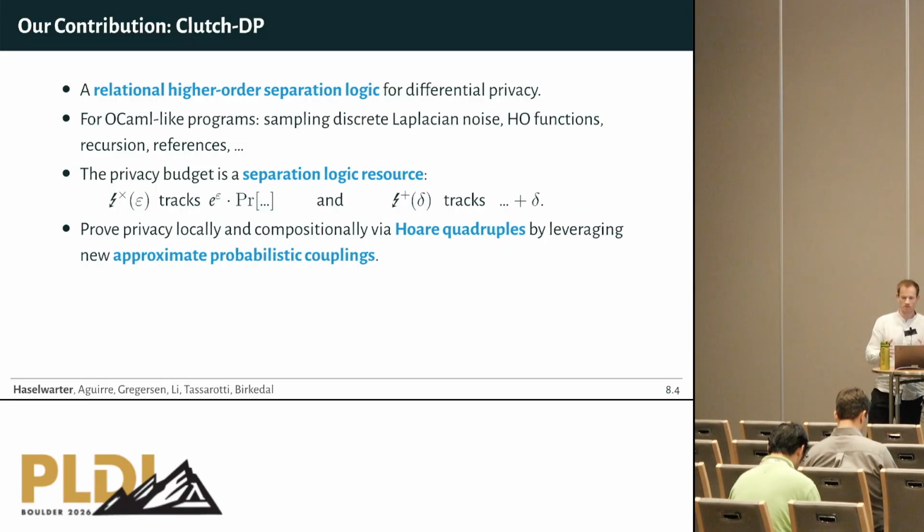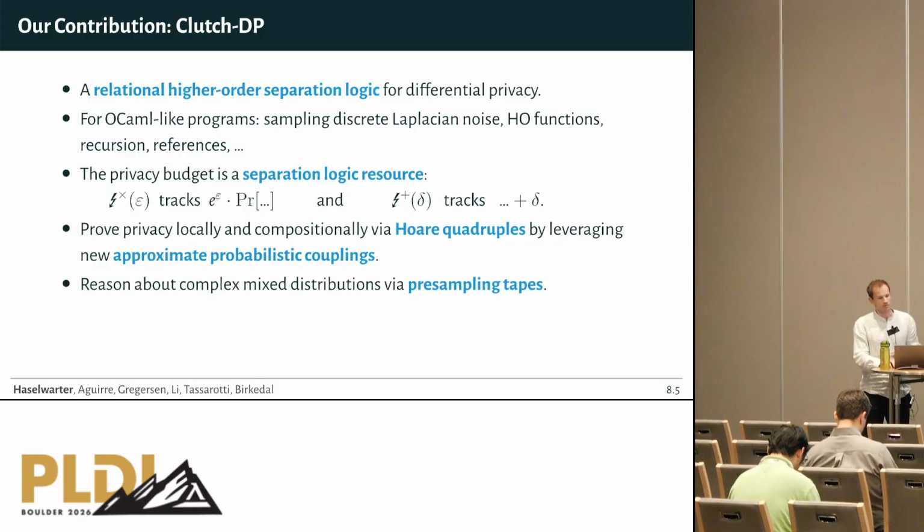And once you have that, we also define a notion of Hoare quadruple. It's not a Hoare triple because we're relating two programs, so it's a quadruple. Under the hood, these are using approximate probabilistic couplings that have been well studied in this application domain. But we're adding some new tricks to that.